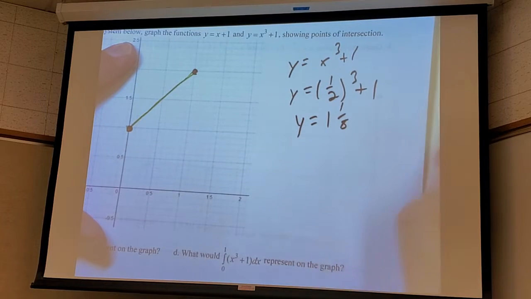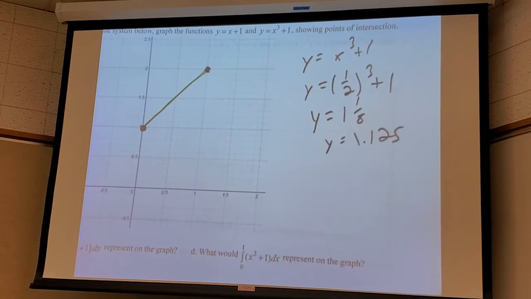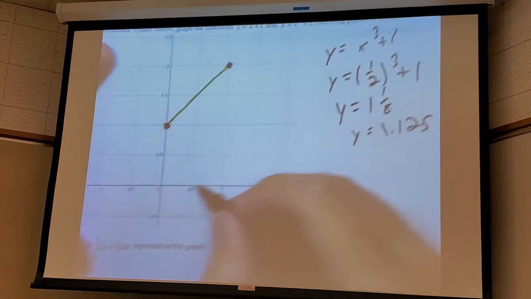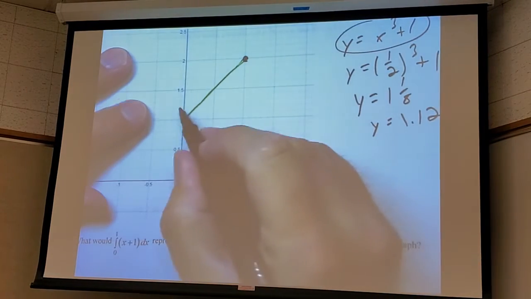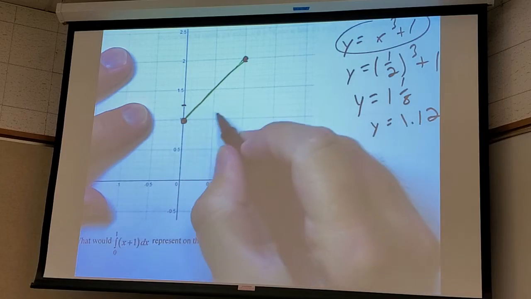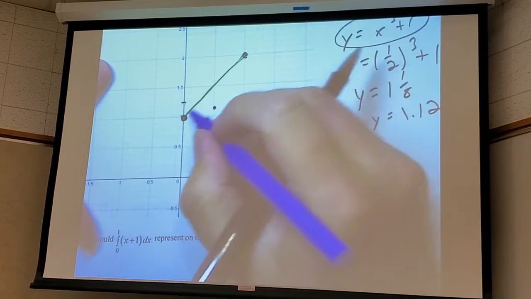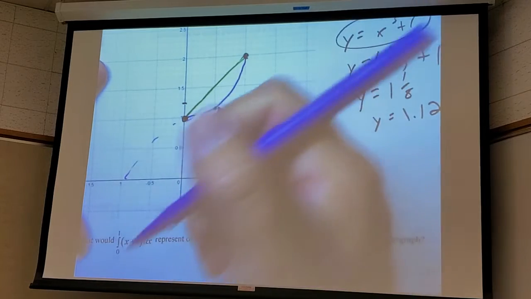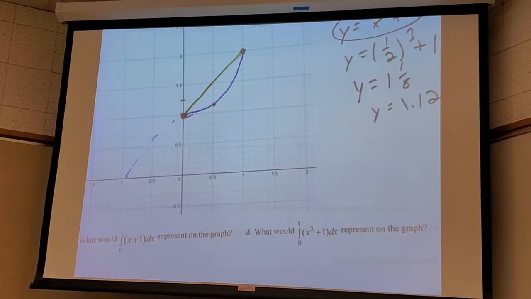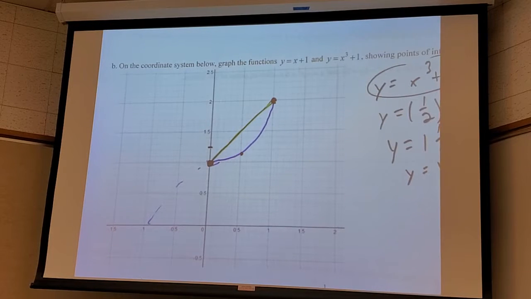It's going to be 1 and 1/8, which is 1.125. So 0.5 for x cubed plus 1 goes to 1.125. Here's 1.5, so it's halfway there. So that's where my x cubed plus 1 is, because it should go kind of like this if I keep going. So I've got this kind of banana-shaped region. There's going to be a lot of banana-shaped regions.